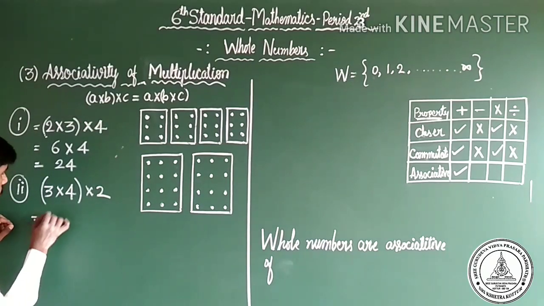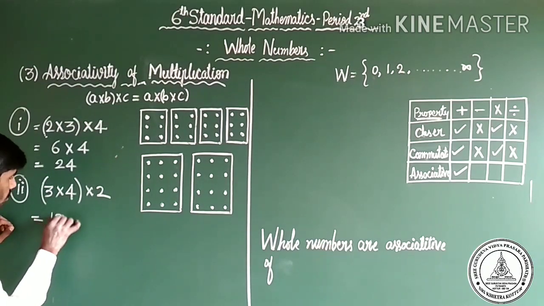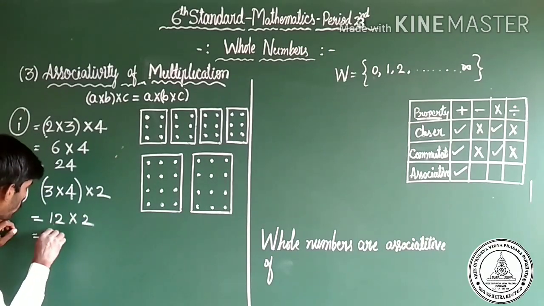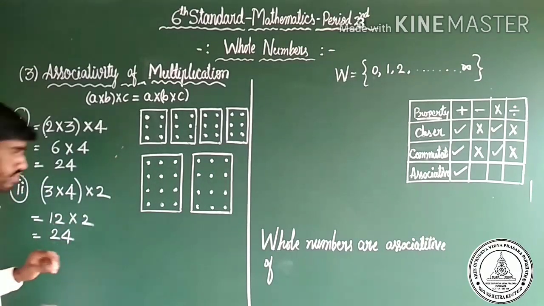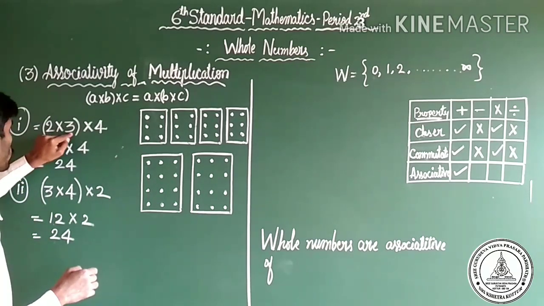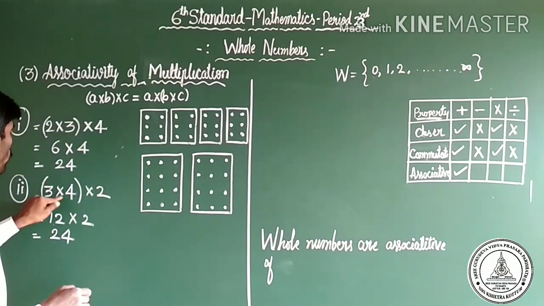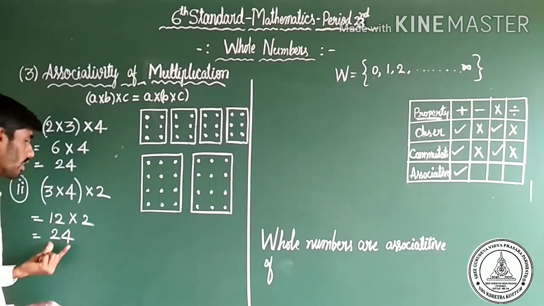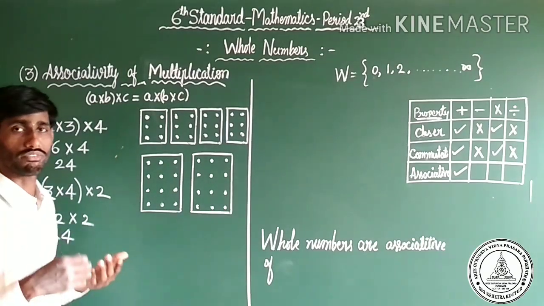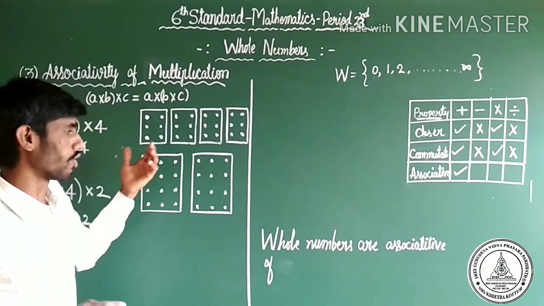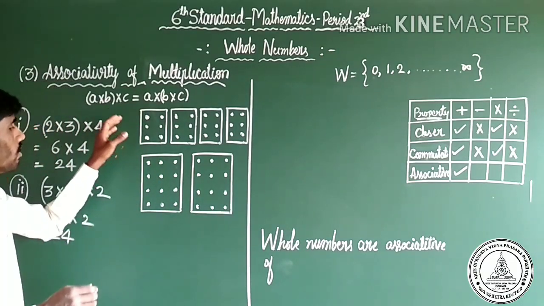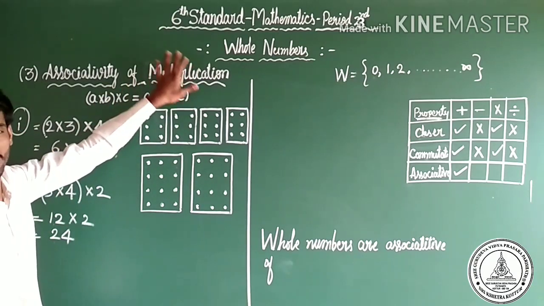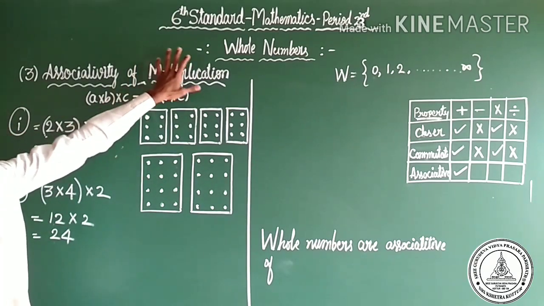Observe here. 3 fours are 12, into 2. 12 twos are 24. Observe here, dear children. This is 2 into 3 into 4, and 3 into 4 into 2. Both have the same product, 24. So we can conclude that whole numbers are associative under multiplication.